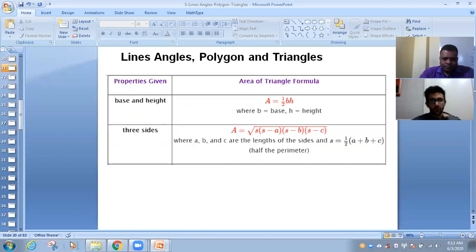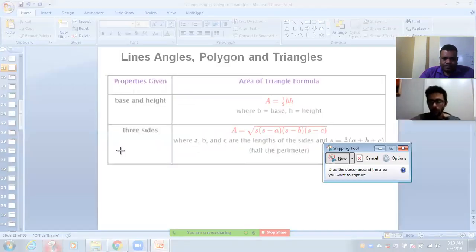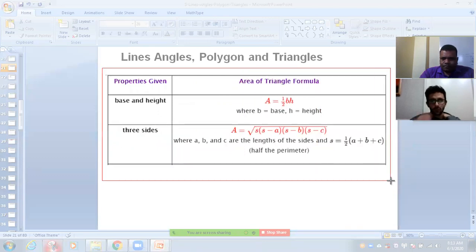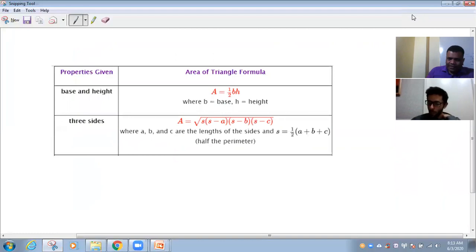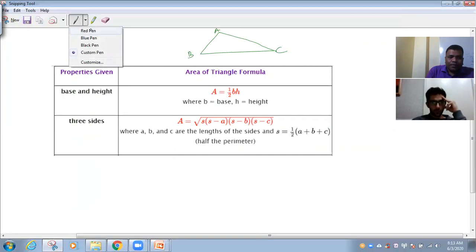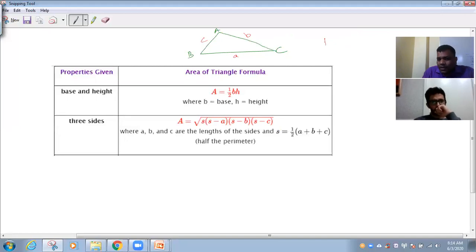Now, let me take any triangle ABC. This side could be a, this side could be b, this side could be c. So what is the perimeter?